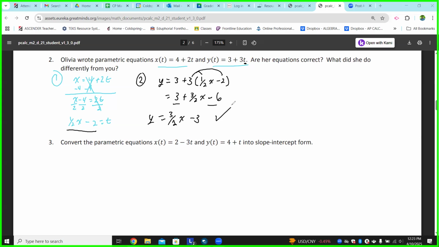If you got two fractions as part of your answer, you did it correct. It's not like an ugly fraction, but there are two fractions. It's not like 289 over 17 or something crazy like that. So I like to think it's clean-ish.